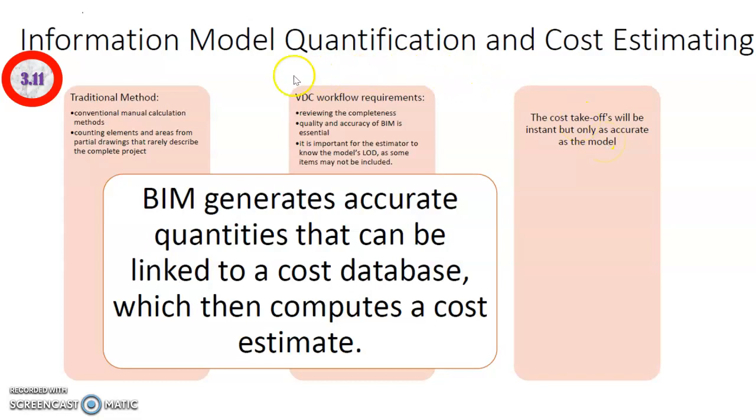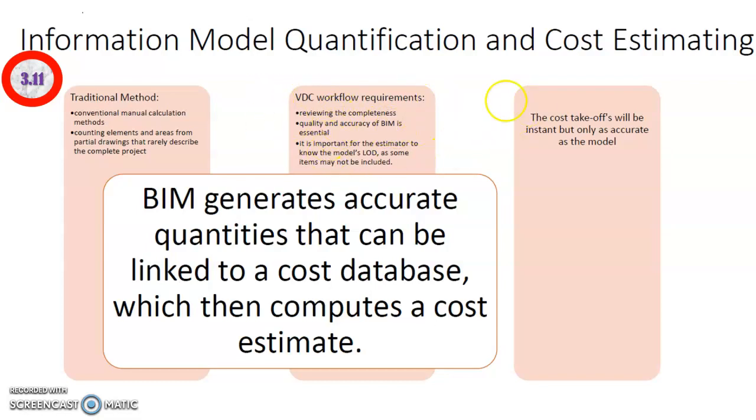So as a result, the following VDC workflow requirements will have to be undertaken by the project stakeholders. They will have to review the completeness of the model which they are using for quantity take-off. They have to ensure that the quality and the accuracy of the BIM model is acceptable.